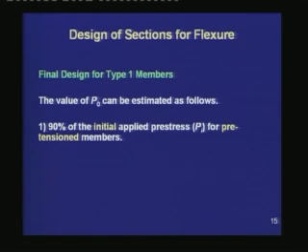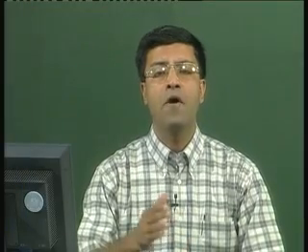The value of P0 can be estimated as follows. For a pretension member, we know that there is a loss due to elastic shortening from the value of the force that we measure in the jacks.